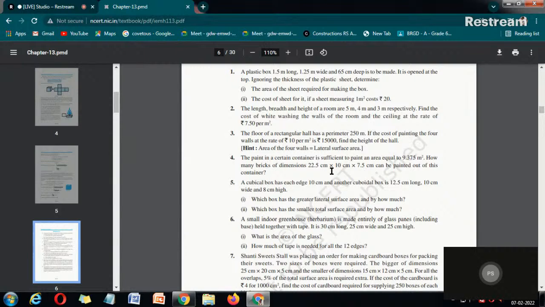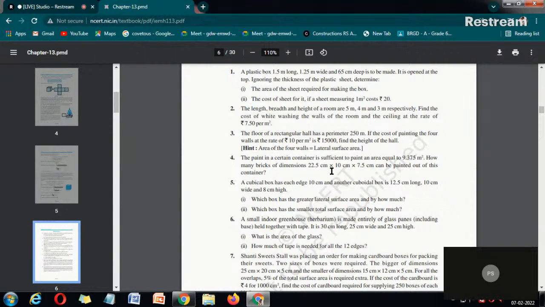I'm sorry, 1 meter square equals 10 here, right? So if it is 1500 for 250H, 250 into 10 by 1500, 250 into 10 by, then we'll get 22,500 by 15H.